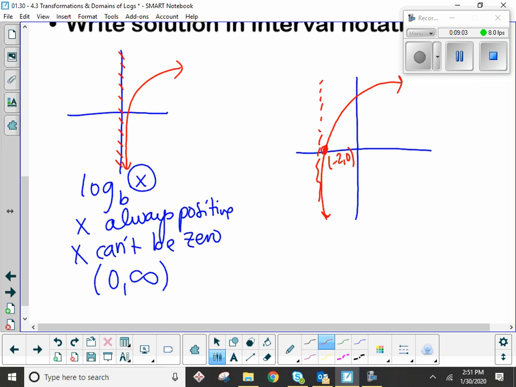Specifically, anything between 0 and -2, now it is part of the graph's domain. Meaning you could take an x value there and trace it to any point on the graph. So now that the graph has been shifted to the left, instead of 0 to infinity being the domain, it's -2 to infinity. Okay?